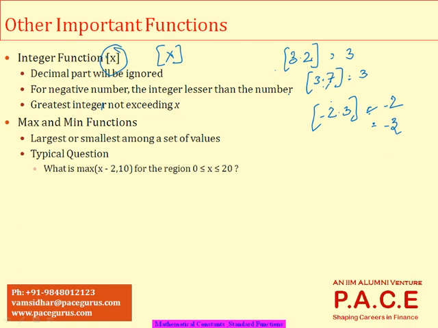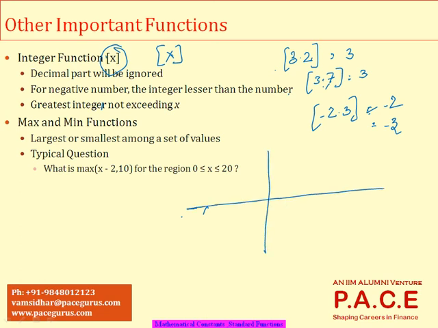Take the integer function always as the nearest integer on the lesser side. That is what we define as the integer function. So for positive numbers it is straightforward: just ignore the decimal and you get the integer function value. Whereas for negative numbers, make sure you are taking the next integer on the lower side.